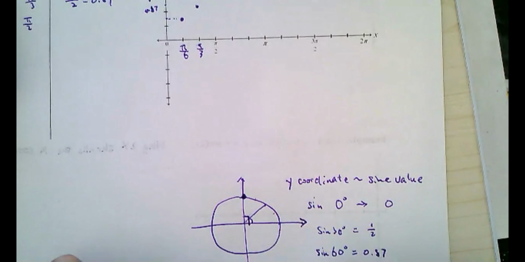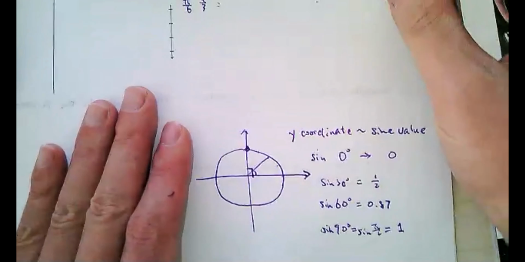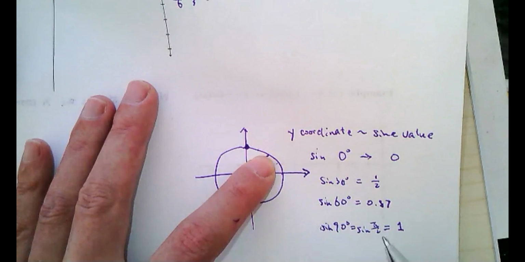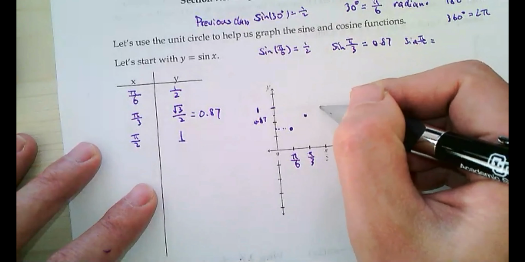It is 1. Very good. Sine 90 degrees, which is just sine pi over 2, is just 1. We reach here already.